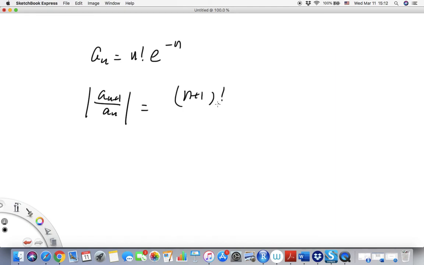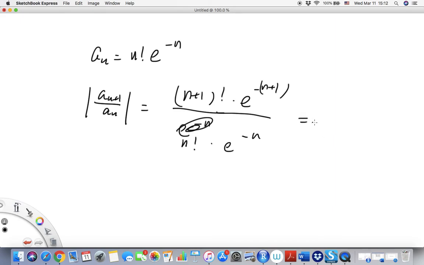Next, a_n is equal to n factorial times e to the minus n. Whenever you see factorial, it's a good idea to use the ratio test. That's going to be (n plus 1) factorial times e to the minus (n plus 1) over n factorial times e to the minus n.